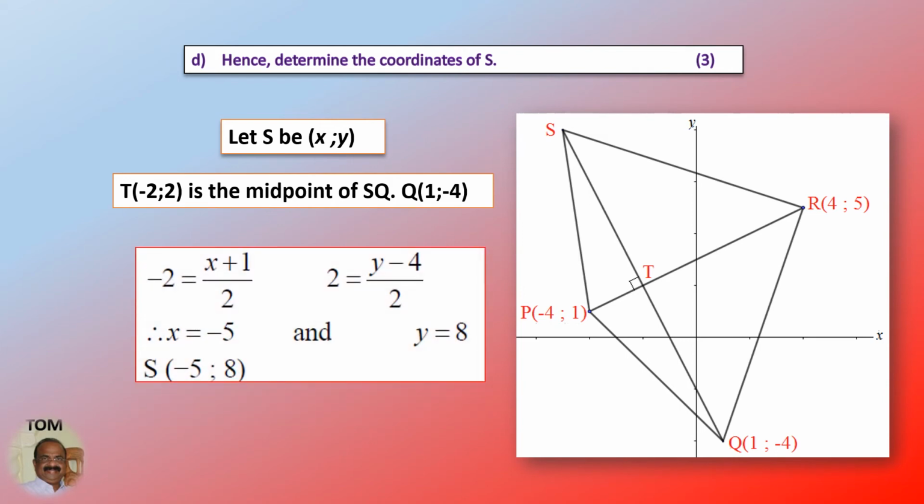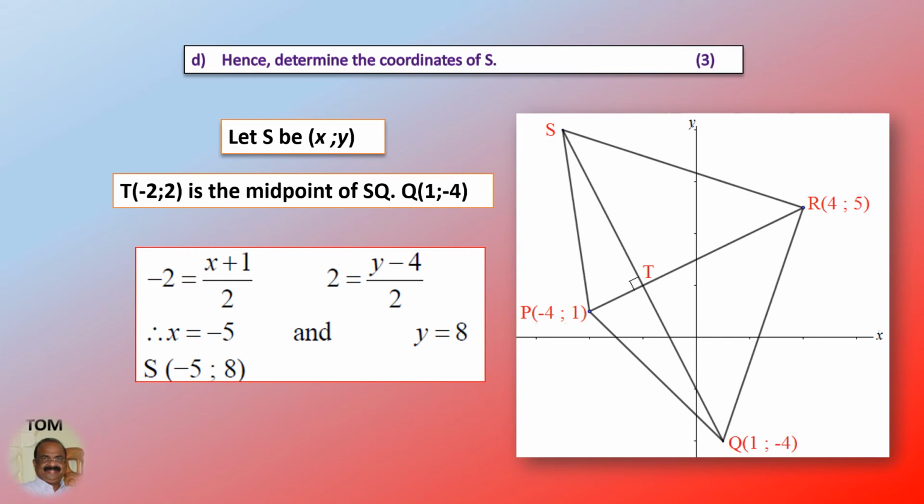Then the x coordinate of T is minus 2, must be equal to the x coordinate of S, that is x, plus x coordinate of Q, that is 1. So x plus 1 divided by 2. Simplify, we get x equal to minus 5.